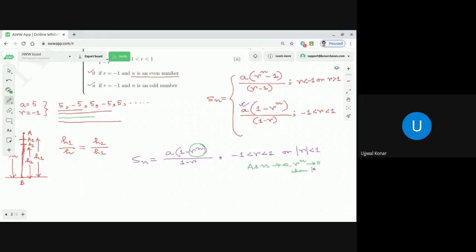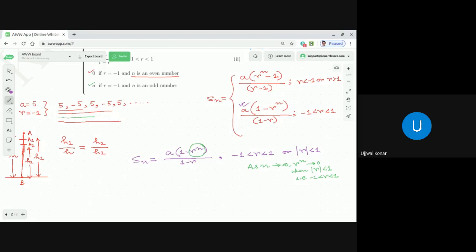When mod of r is less than 1, that is minus 1 less than r less than 1. Correct, no? Are you getting my point? Yes. So then, in an approximate sense, we can ignore that value.